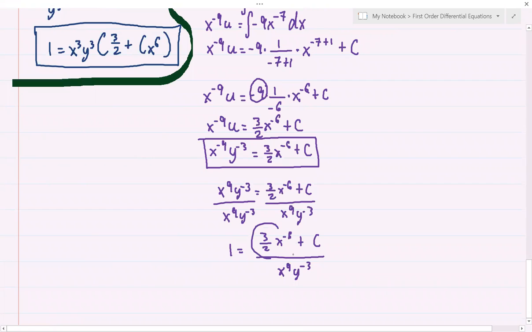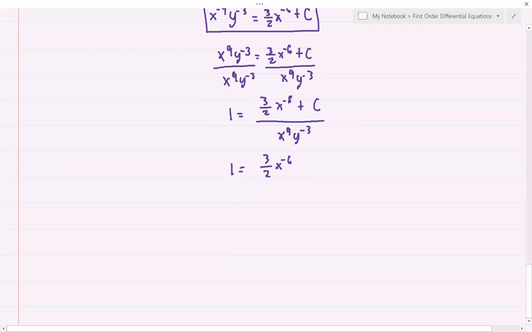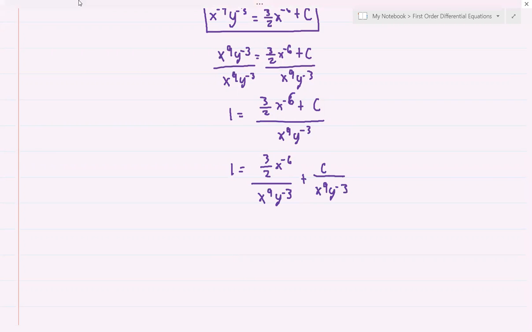So let's divide each of these terms by the denominator itself. So we will have 1 is equal to 3 halves x raised to negative 6. This is supposed to be 6, by the way. All over x raised to 9 times y raised to negative 3 plus c all over x raised to 9 times y raised to negative 3. So that's it. Let me remove this one. And this is your c.